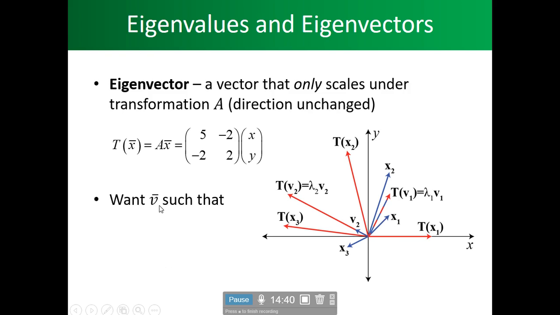We want a vector such that this vector, A times x, will equal lambda times the eigenvector. This is the eigenvalue times the eigenvector. Lambda is called the eigenvalue.